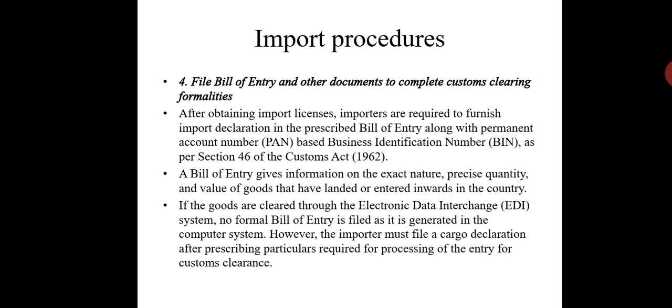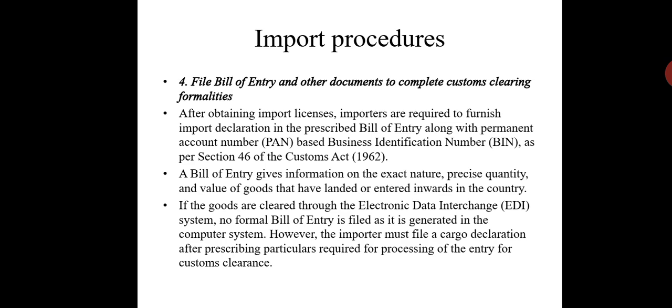After obtaining the import license, importers are required to furnish the import declaration in the prescribed bill of entry along with the permanent account number, PAN number, and business identification number, BIN number, as per Section 64 of the Customs Act 1962.